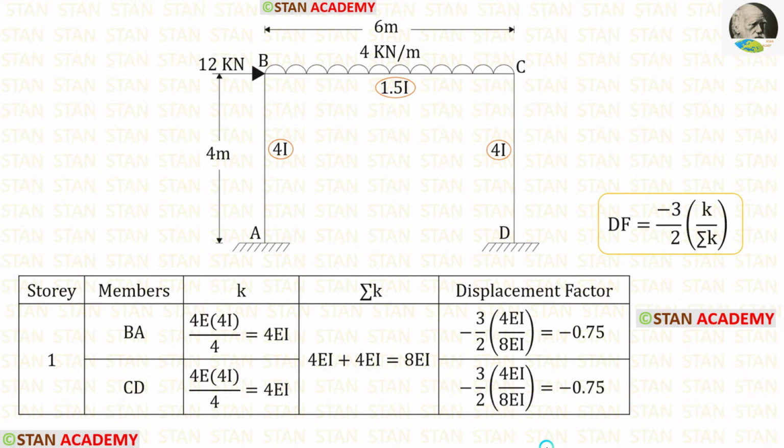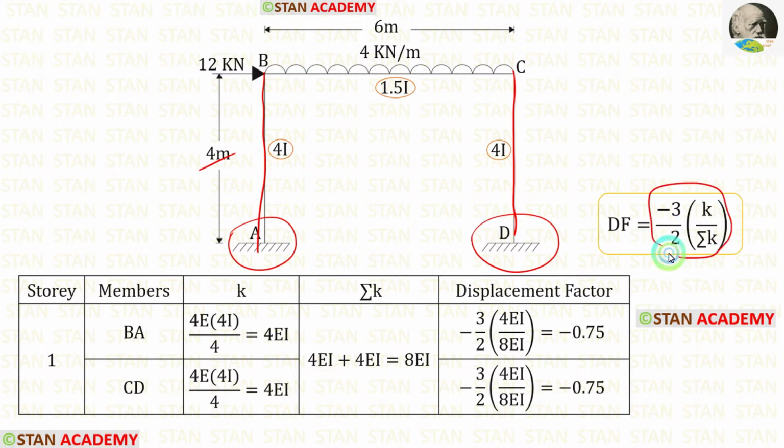We know that this is a sway type frame. For the columns BA and CD, we have to find the displacement factor. In this frame, both of the columns are having the same height, 4, and in both of the ends, we have fixed supports. In this case, the formula for the displacement factor is -3 upon 2 into k upon sigma k.